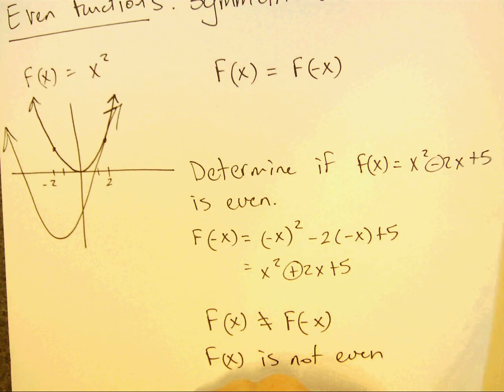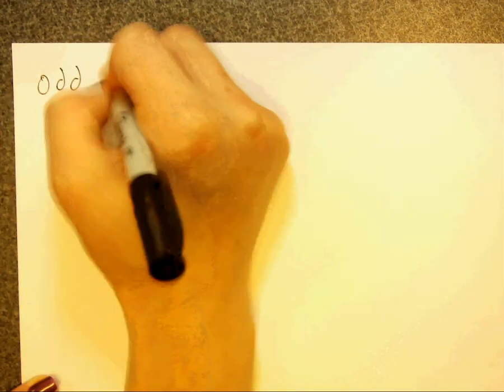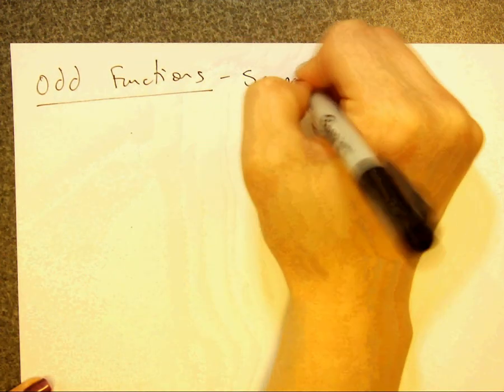Alright, so let's look at an odd function. So odd functions are symmetric about the origin.